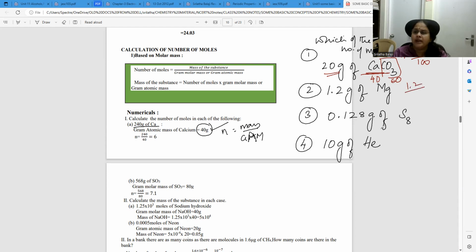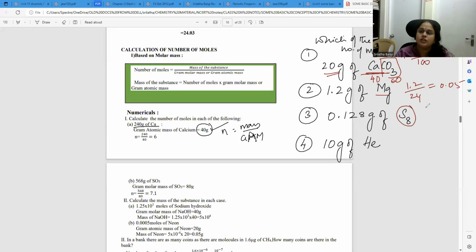So 1.2 divided by the atomic mass of magnesium, which is 24. So what's the value? 0.05. Right.